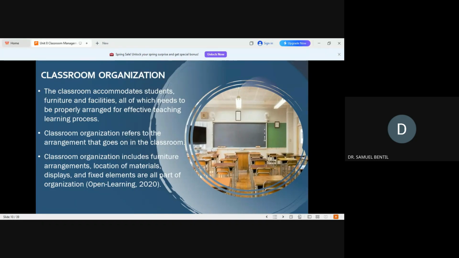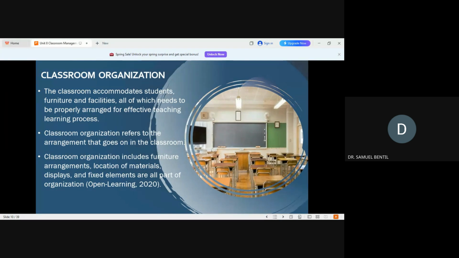So we are referring to the furniture, the tables and desks that are arranged in a classroom, the position of the board, if there are projectors, the position of them, the teacher's desk, the wardrobes, the cupboards, the maps, the clocks, the lighting system. All those things that are arranged in the classroom is what we refer to as classroom organization.